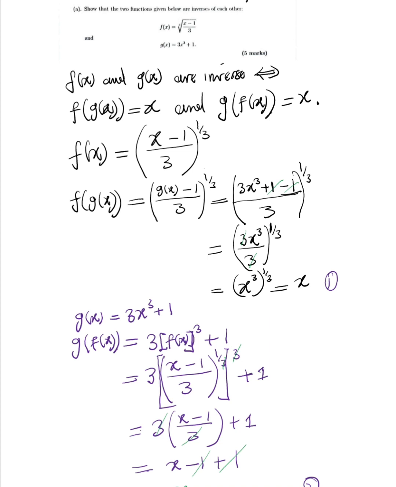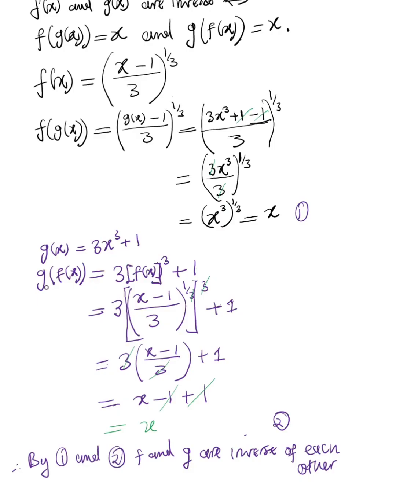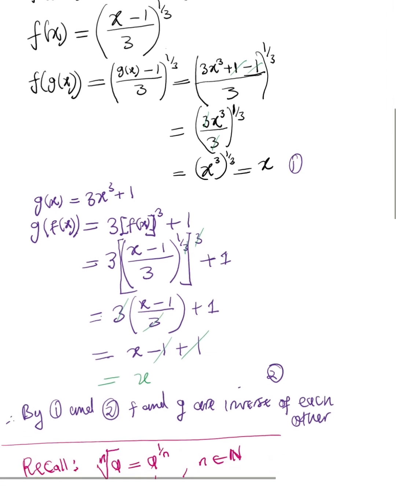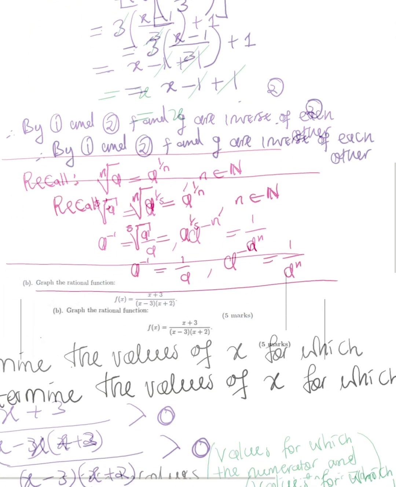So where there is x in f of x, I put the whole function g of x and simplify. Just use the laws of indices. Next, I compute g of f of x. So in the function g of x, where there is x, I put the whole function f and simplify. So you realize that in both cases, the result is x. Hence, f and g are inverses of each other.